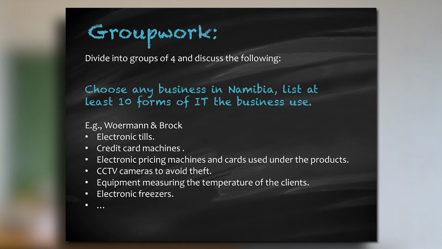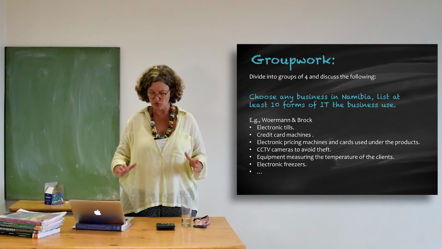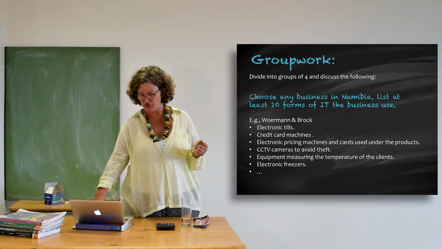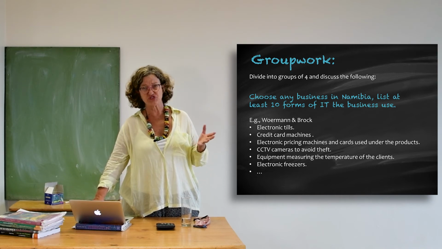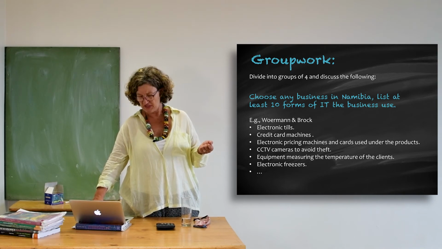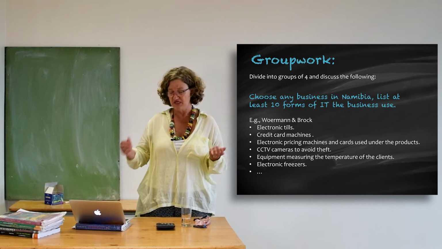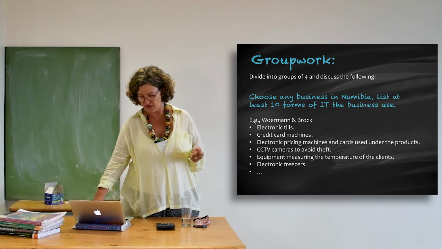You get different electronic machines on which you weigh the meat and the fruit. So these are all electronic equipment. There's security equipment that they use to protect their business, say, for example, through G4S, which is also electronic equipment.